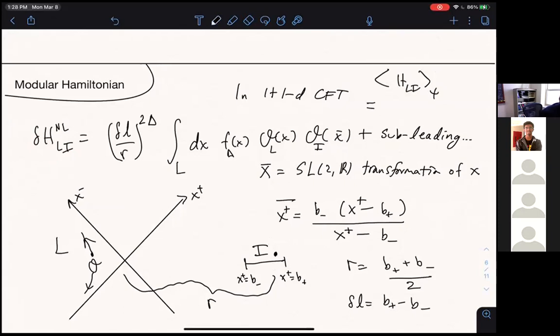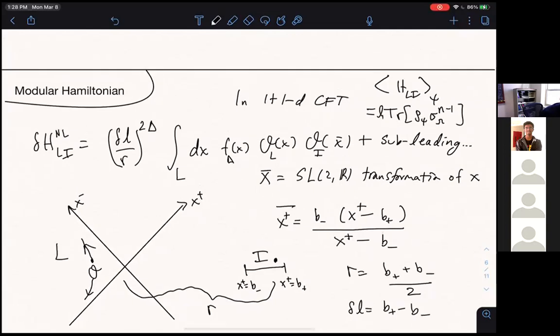We can compute this by writing the trace of rho psi, which is the excited density matrix, times sigma omega to the n minus 1, in the limit as n goes to 1 of this quantity.